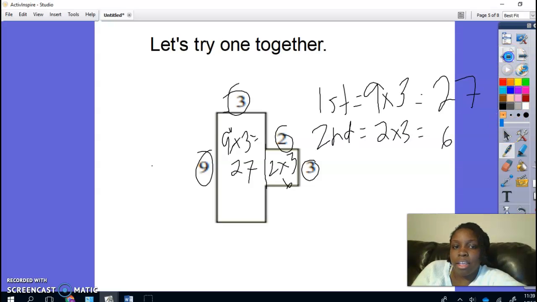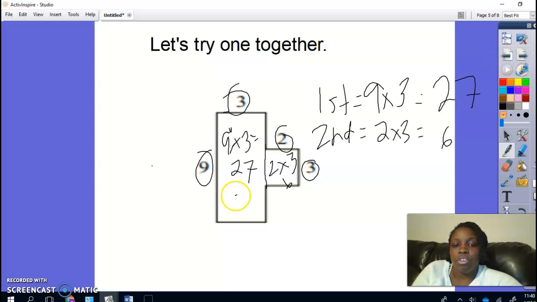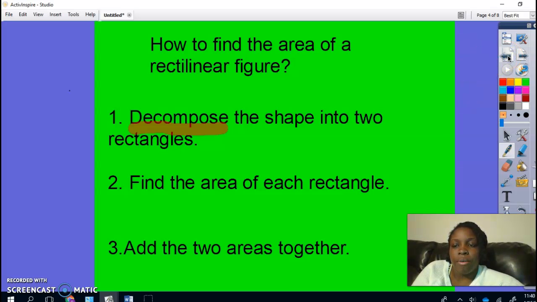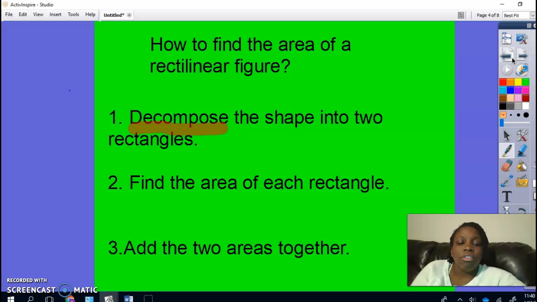So if I go back, I decomposed, I broke it apart. If I look at my notes, I broke it apart into two rectangles. Then I found the area of each rectangle. This is my area, this is my area. Got it? Now all I need to do is add the two areas together.